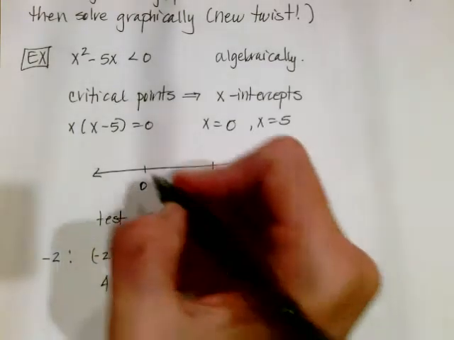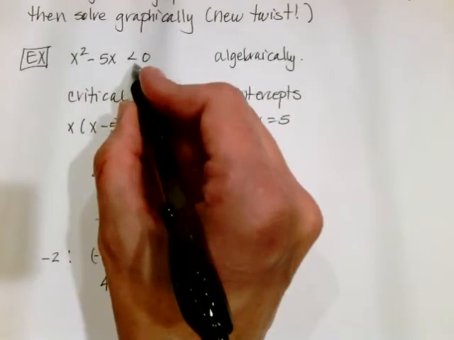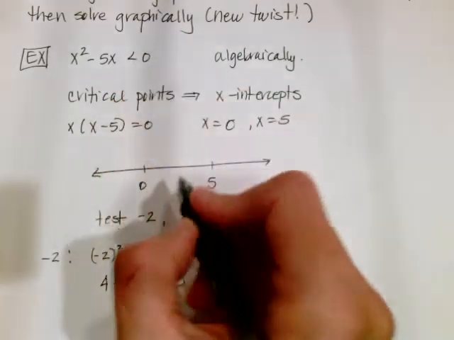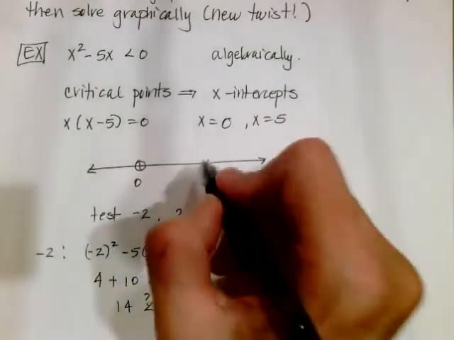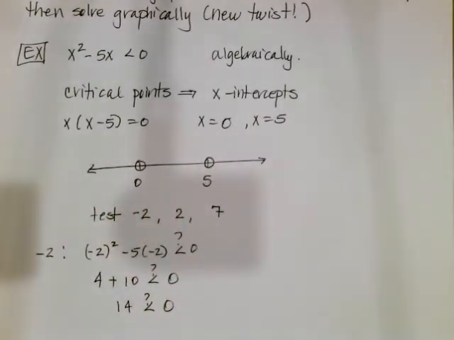My original inequality said less than, so I'm going to put an open circle on my 0 and an open circle on my 5.